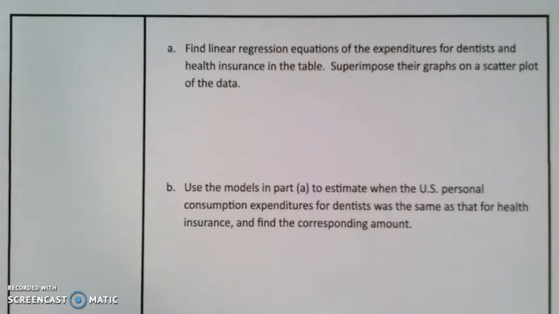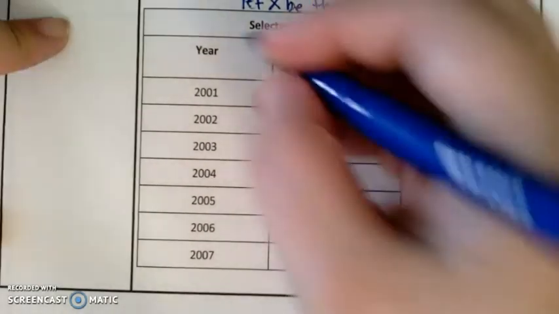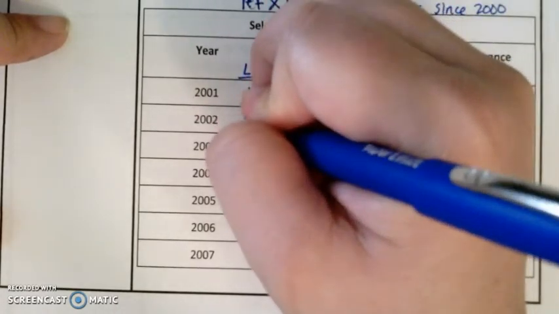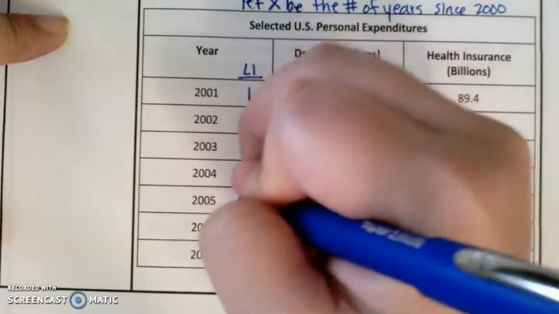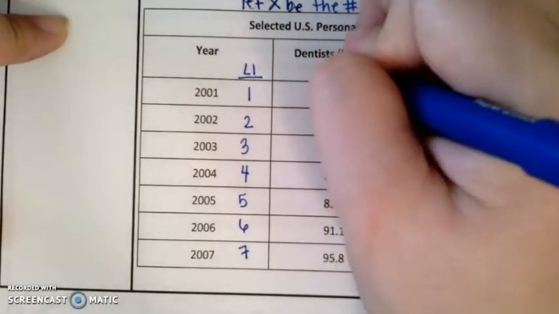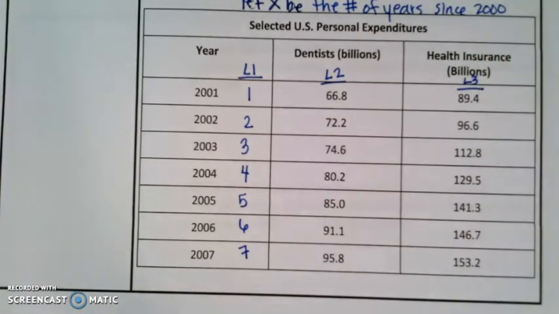So what that means is that we want into our calculators to type these as our lists. So if I call this L1, my X values will be 1, 2, 3, 4, 5, 6, and 7. And then this will be my L2, and this will be my L3. Okay, so let's go ahead and type that into the calculator.